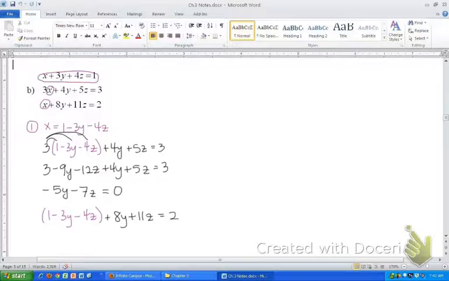All right, there's nothing to distribute in this equation, so I can just start combining my like terms. So my y's, I have negative 3y plus 8y, leaves me with positive 5y. Okay, for my z's, I have negative 4z plus 11z is positive 7z. If I subtract my 1 to the other side off of the 2, I'm left with 1.